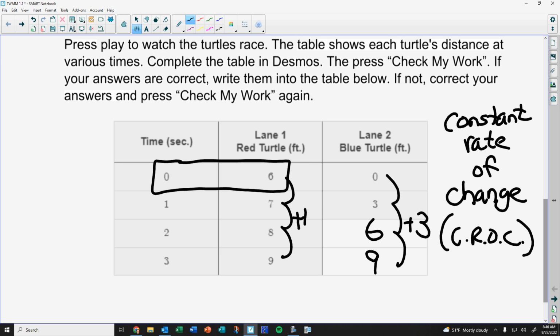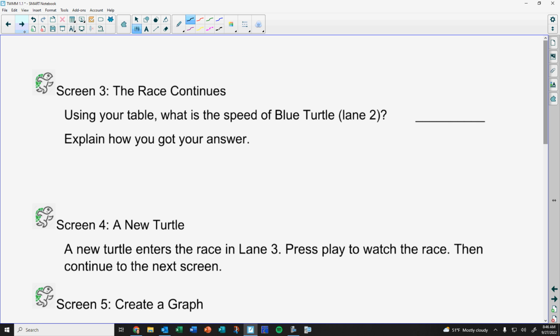Okay. All right. So on the next page, it says, using your table, what is the speed of the turtle? The blue turtle, the one in lane 2. It was 0, 3, 6, 9 were the times. What would you get for the turtle's speed? Nobody got that one? Yeah, he's going 3 feet per second, right?